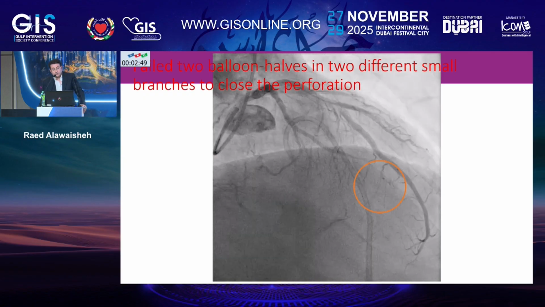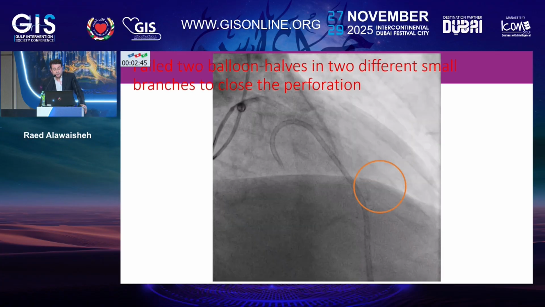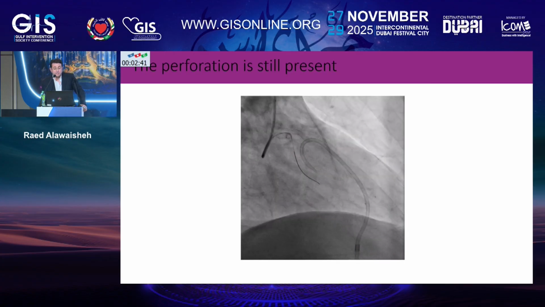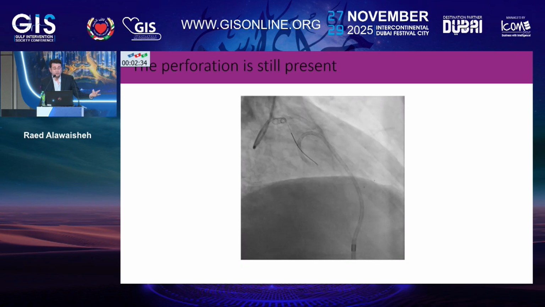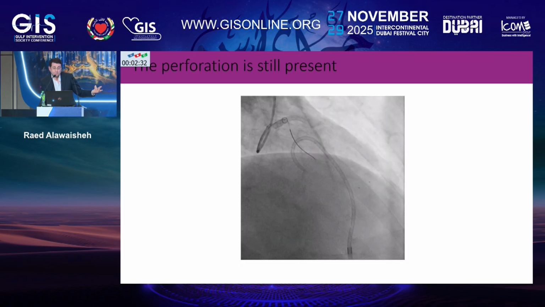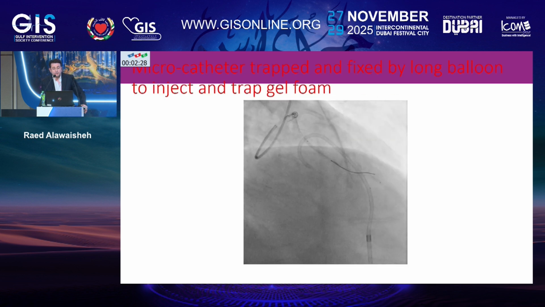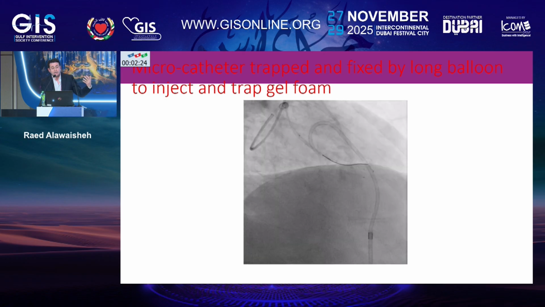So now, either to have the coil and close the OM or to have the foam gel. I preferred the foam gel. To deliver the foam gel and close the perf, you need a maneuver to prevent slippage of the foam gel proximally. So the microcatheter was advanced there and trapped by a long inflated balloon.